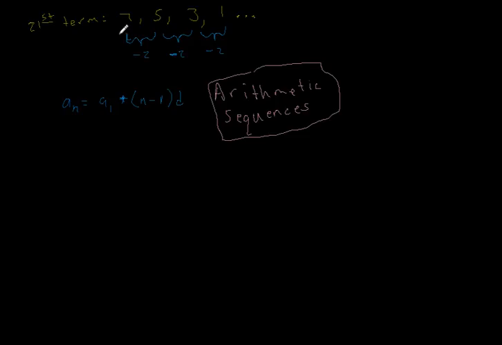Just remember from earlier videos, we have these special functions where the domains are only natural numbers. This is how you write the functions when the domain is a set of natural numbers. We write the very first term as a1, and in this case the very first term is 7. a2 would be the second term, a3 the third term, and so forth.